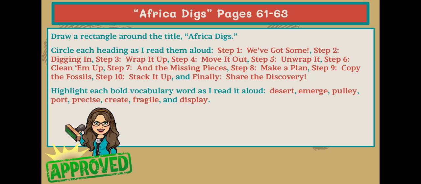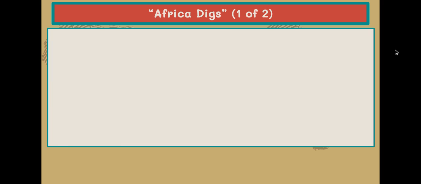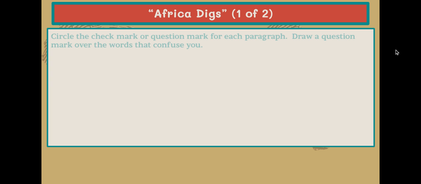Look up when you have finished reading. Circle the check mark or question mark for each paragraph. Draw a question mark over the words that confuse you.